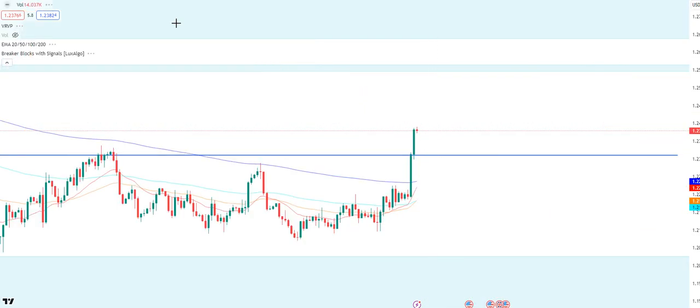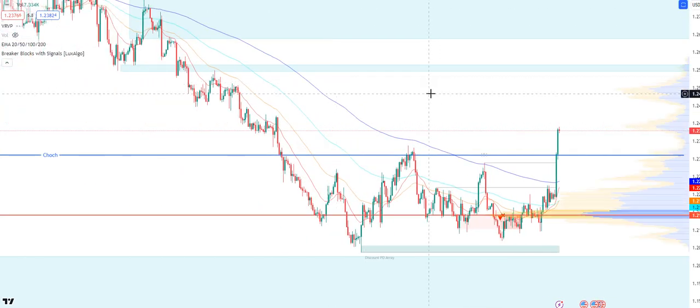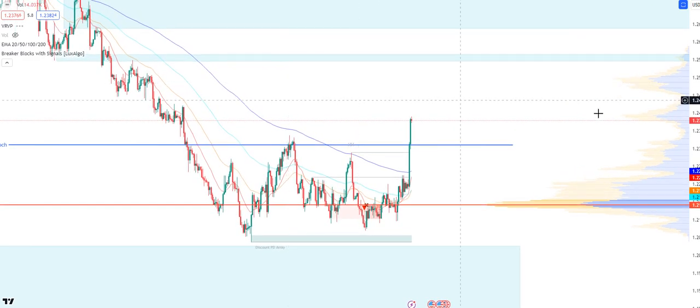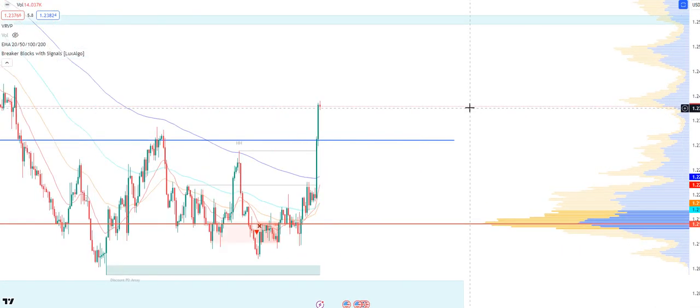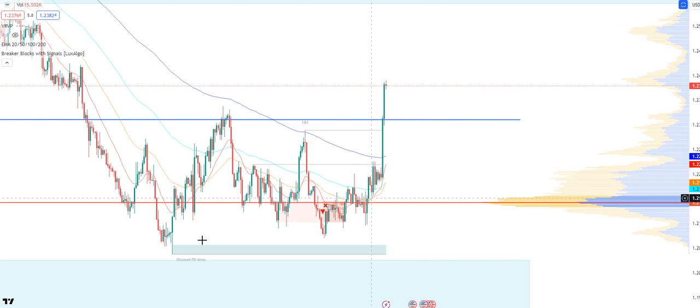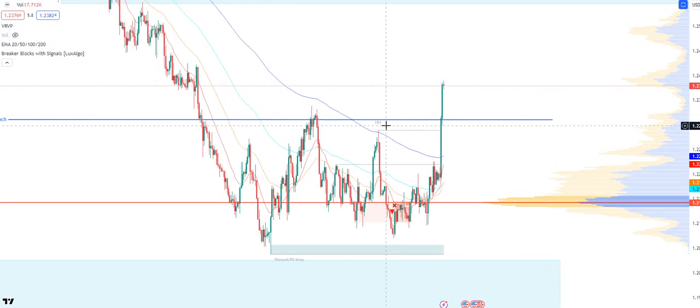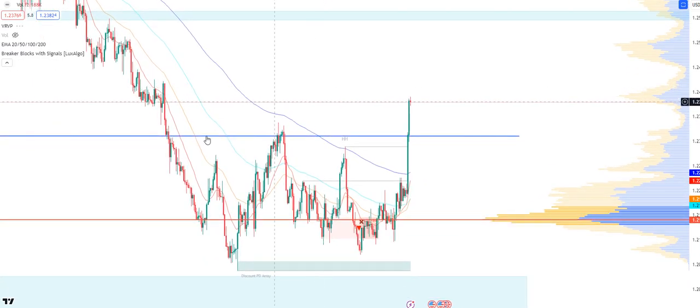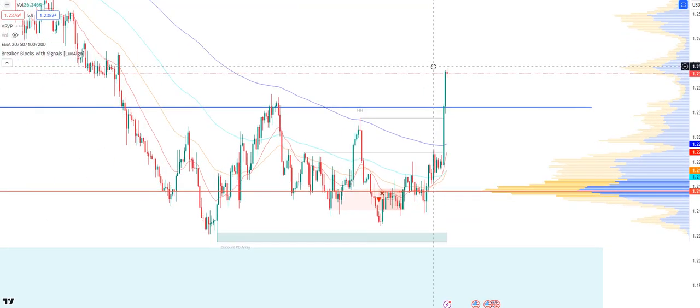Let's go on the 4-hour time frame. Let's see what we have. Lower time frame, good. Okay, so here we go. We've changed things.